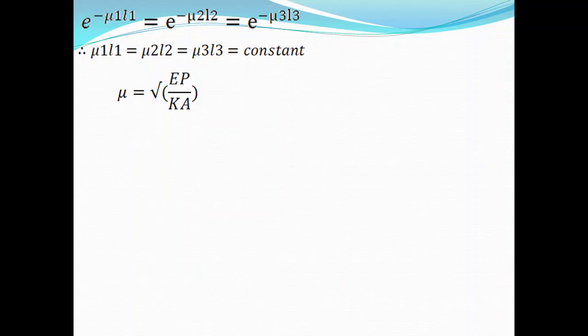Or, in the last video we have seen that the value of mu is equal to under root EP upon KA, where E is the emissive power of the material of the rod, P is the perimeter of the rod, A is the area of cross section of the rod, and K is the coefficient of thermal conductivity of the material of the rod.